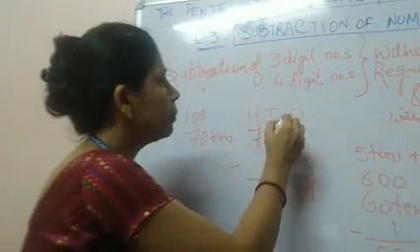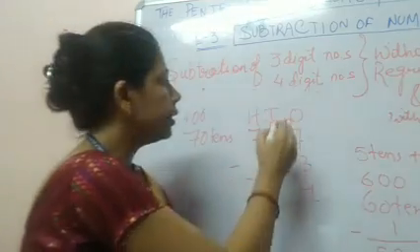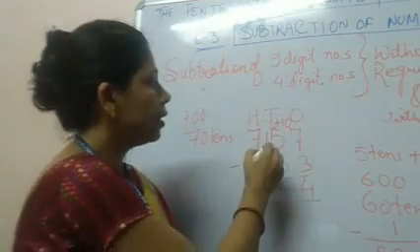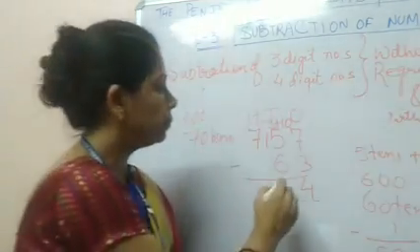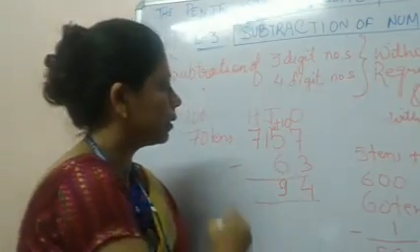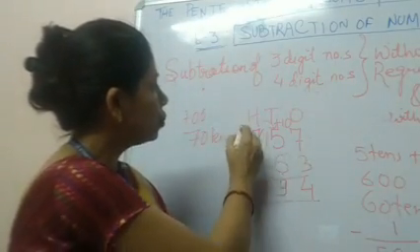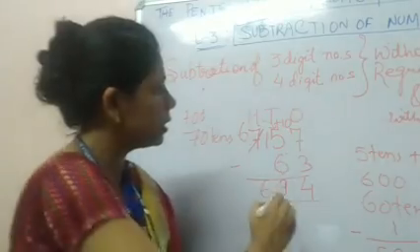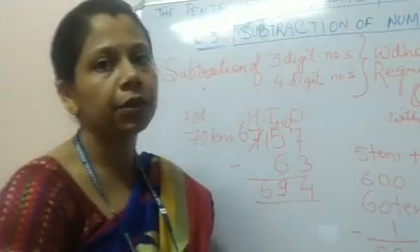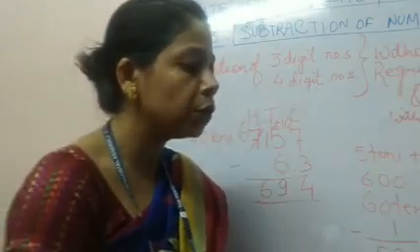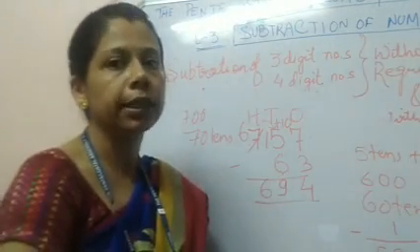So 5 plus 10 is 15, isn't it? So this will become 15. Now what is 15 minus 6? 9. Okay, and over here 7 will get reduced to 6. So your answer is 694. So this was regrouping from hundreds to tens.